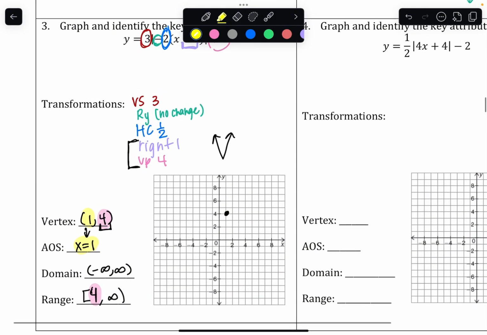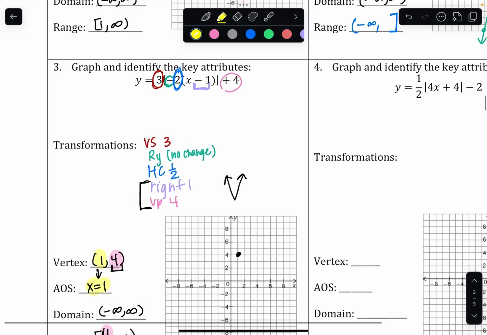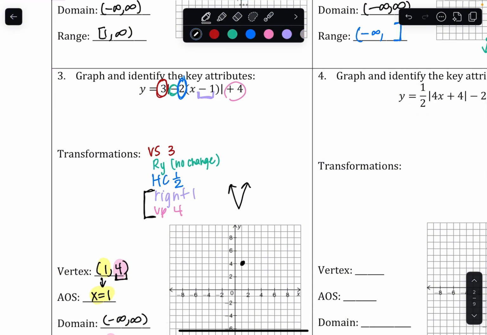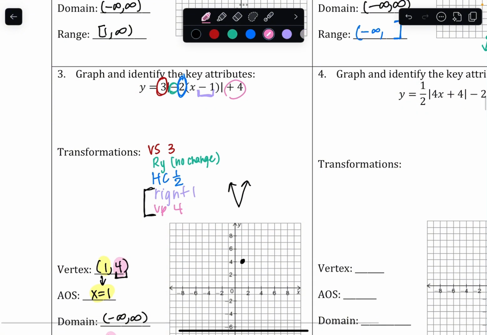Okay, so now to graph the arms of our absolute value function, we take the 2 scale factors here, 3 and 2, the a and the b, and we multiply them together. So our slope is going to be 3 times 2, which is 6.